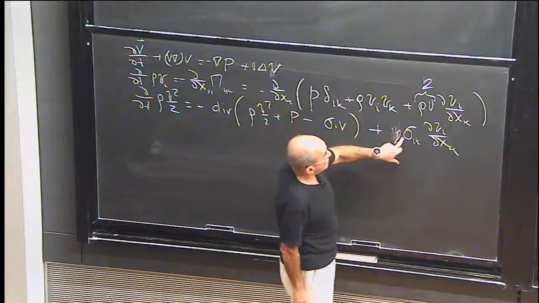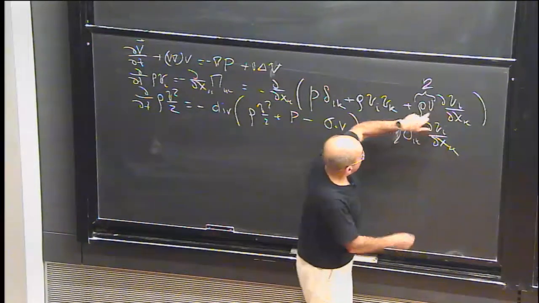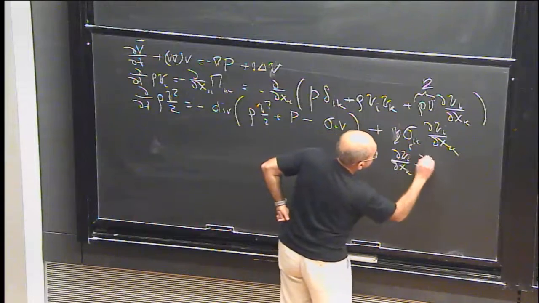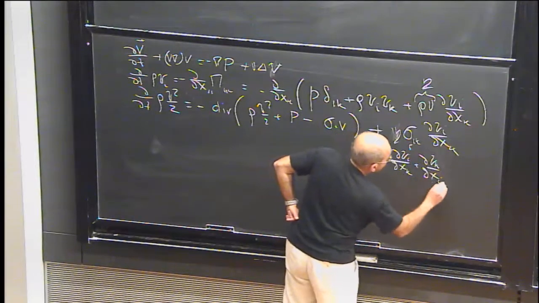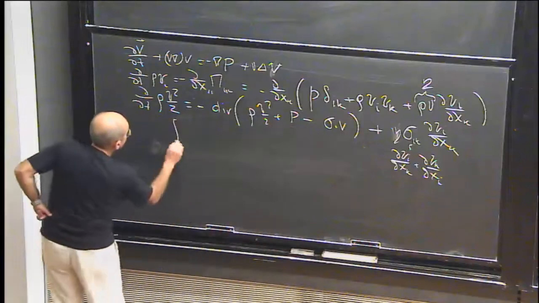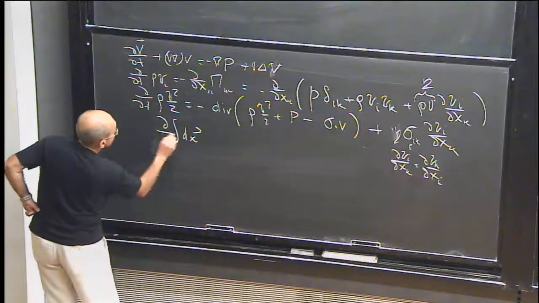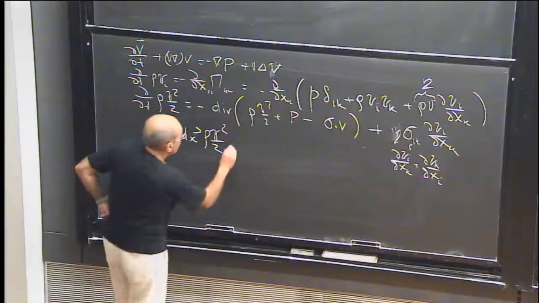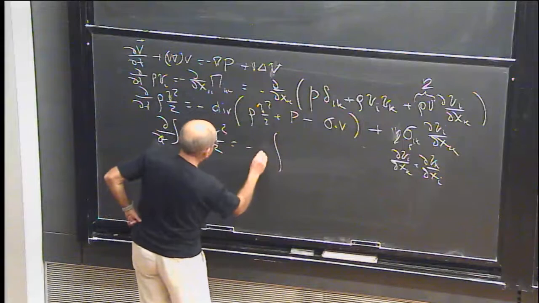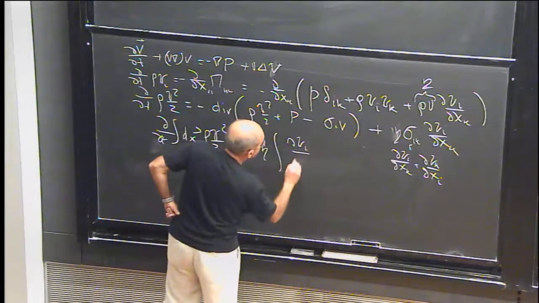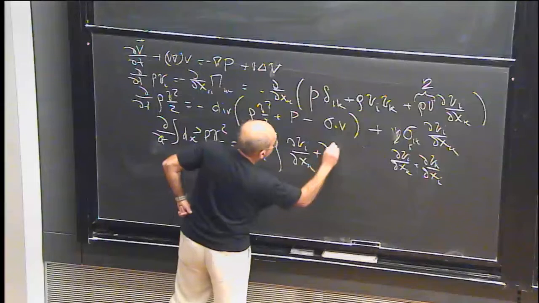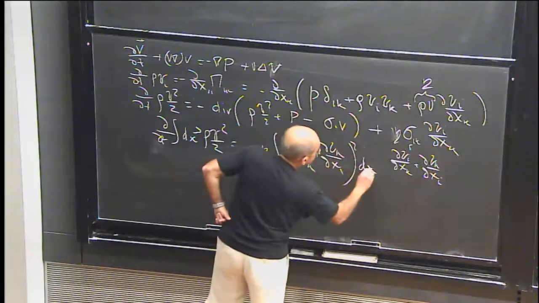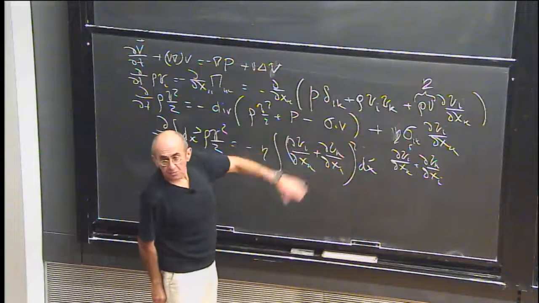And if you recall that this is a symmetric tensor, which is by itself proportional to dvi over dxk plus dvk over dxi. So if you integrate over space the energy time derivative, you will get minus a non-negative term.